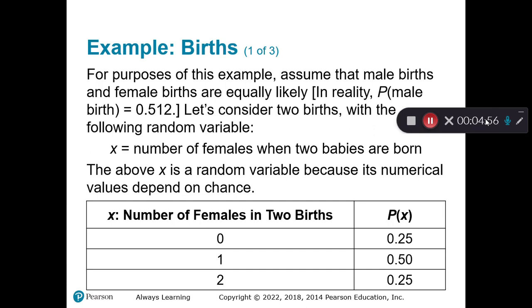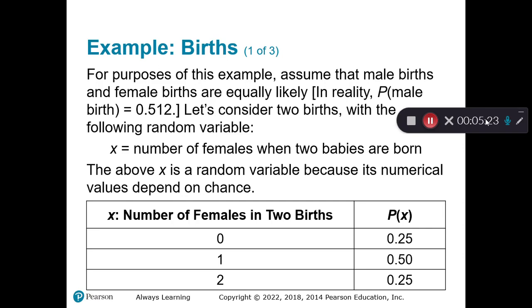If you think back to some of the work we did in Chapter 4, we know that the 4 possible outcomes for 2 births is either boy then boy, or boy then girl, or girl then boy, and finally girl then girl. So of those 4 possible outcomes, one of them has no girls, right? The boy-boy combination has no girls.